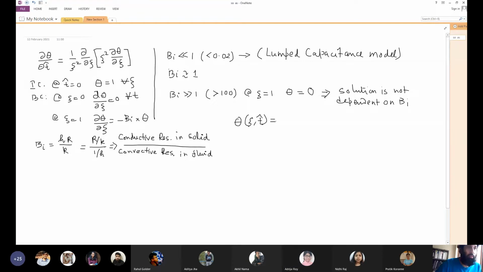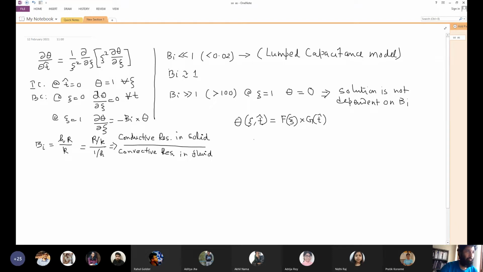We assume that theta can be written as a function solely of zeta times a function solely of t hat. This may not be the case, but we assume we can write it this way.